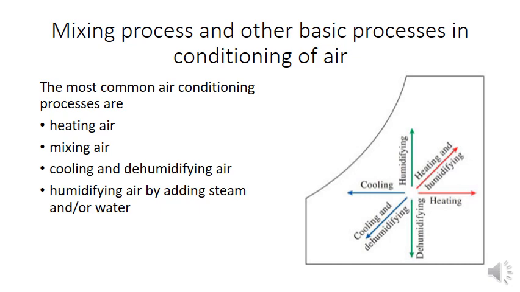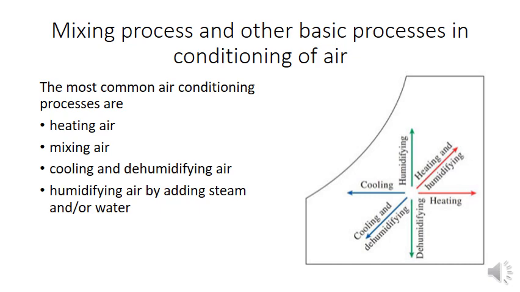In opposite, if the values show movement from right to left, along this blue line side, then it means we are dealing with the cooling condition. Similarly, upper side humidifying, lower side dehumidifying. Now between the red and green line, it's heating and humidifying, because heating is on the right side and humidifying on the top side.